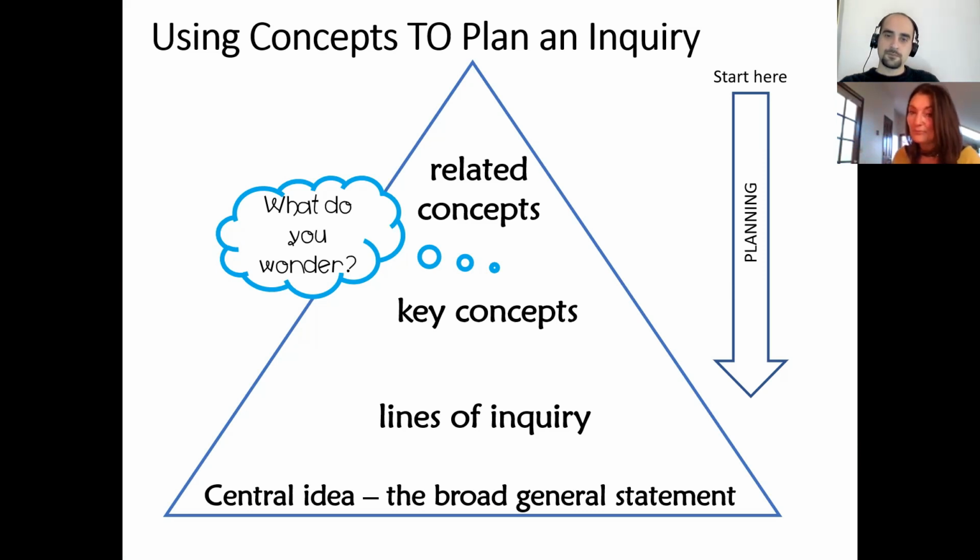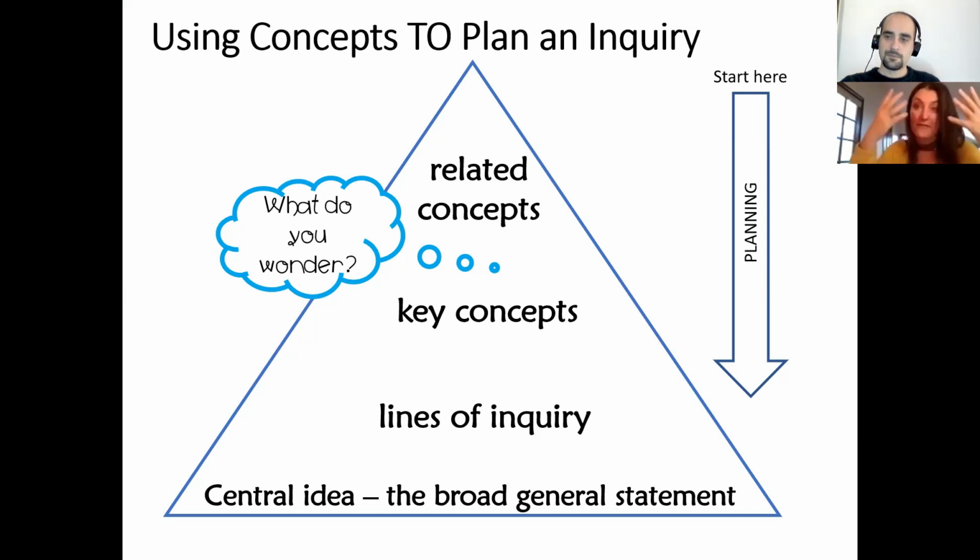And then with their mentor and the teacher facilitator, they can narrow the inquiry down through the concepts, and they use the related concepts to create their lines of inquiry, and then their broad central idea, the general statement. So this is typically the model that I use when I'm doing this with them.